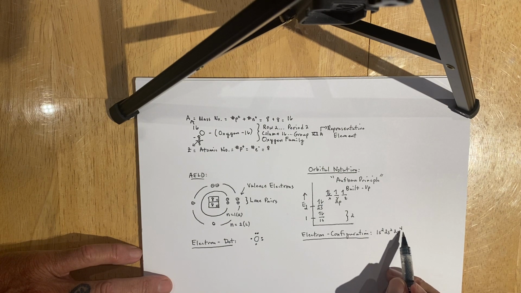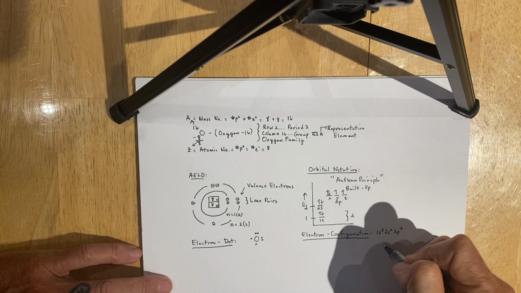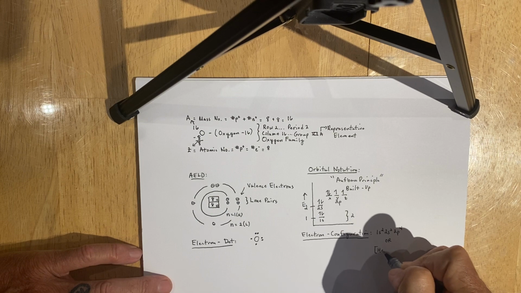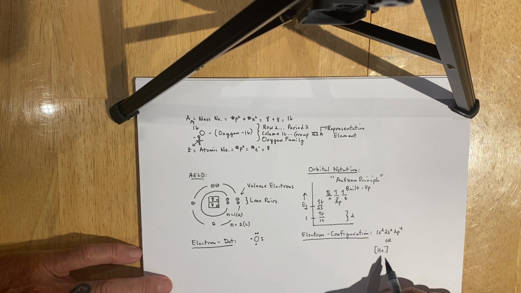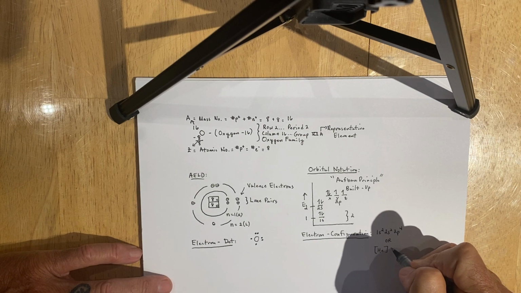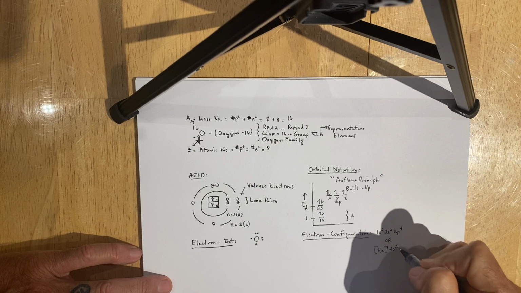Notice that if you sum the superscripts, they sum to 8 electrons. 4 and 2 is 8. Another way one could write this is to pay homage to helium, because 1s2 is the electron configuration for helium, and then add the outer configuration of oxygen, which is 2s2 2p4.